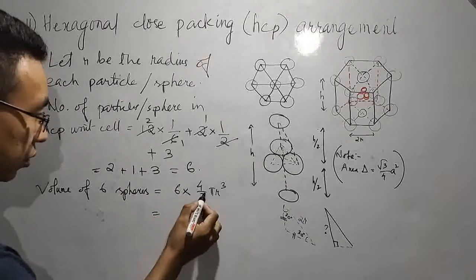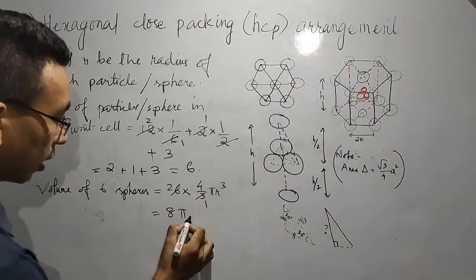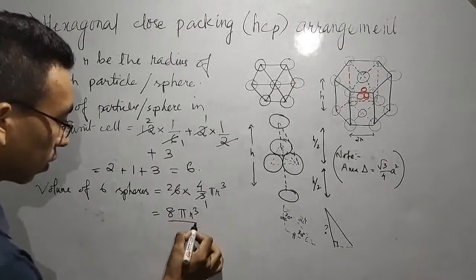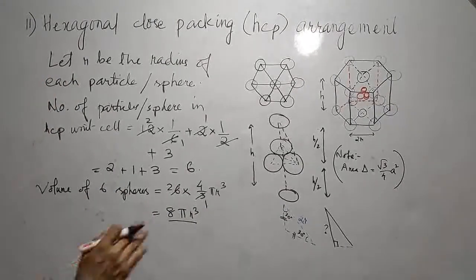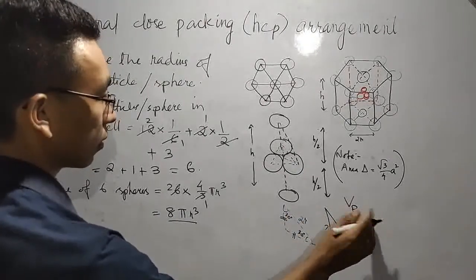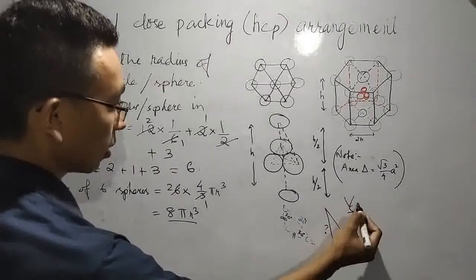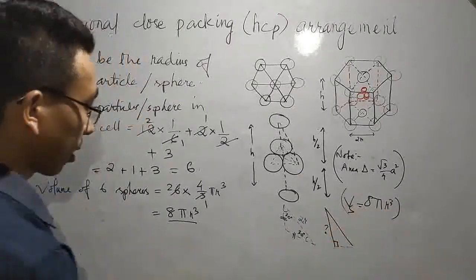So 3 into 1 is 3, 3 twos are 6, 4 twos are 8, so it will be 8 pi r cube. This is the volume of the 6 spheres. Let me note it down here: the volume of the particles in the unit cell is equal to 8 pi r cube.